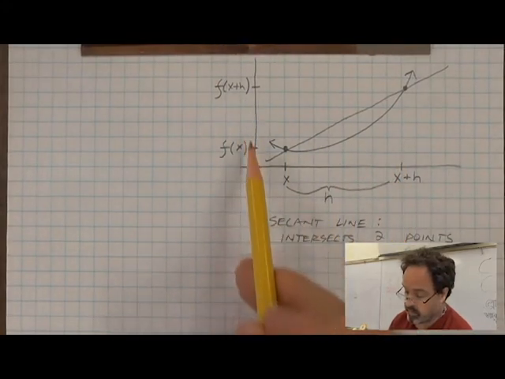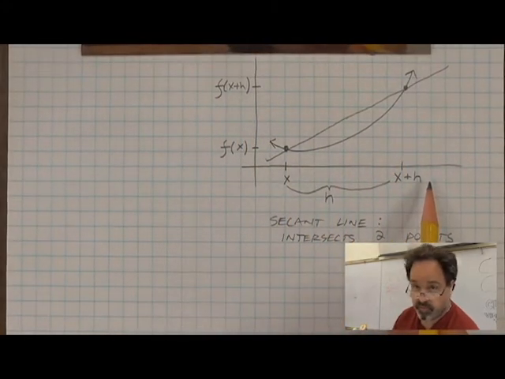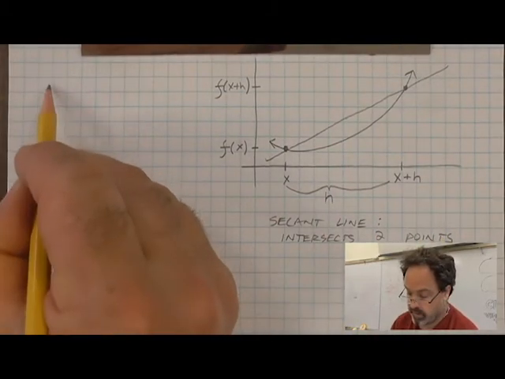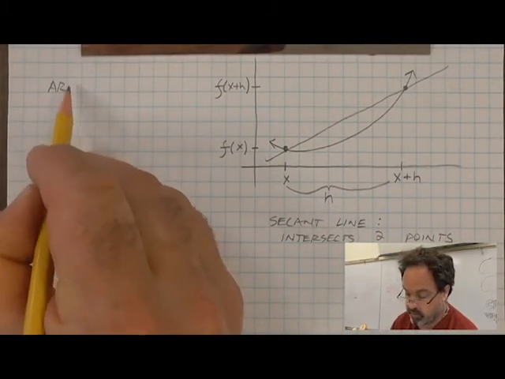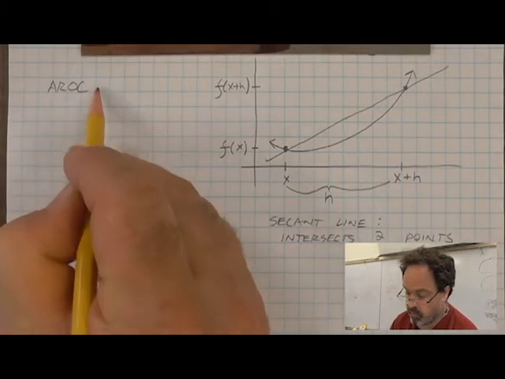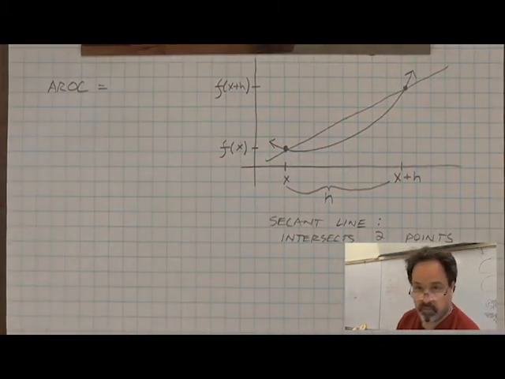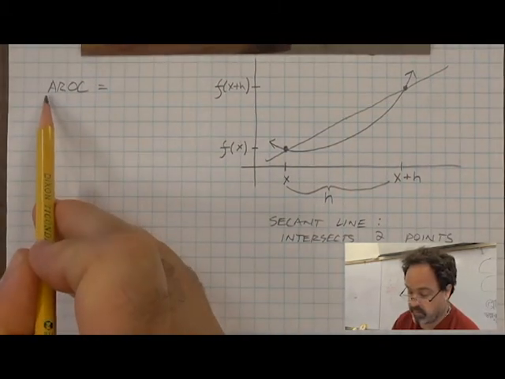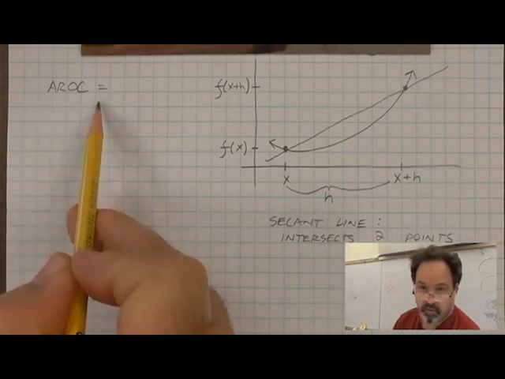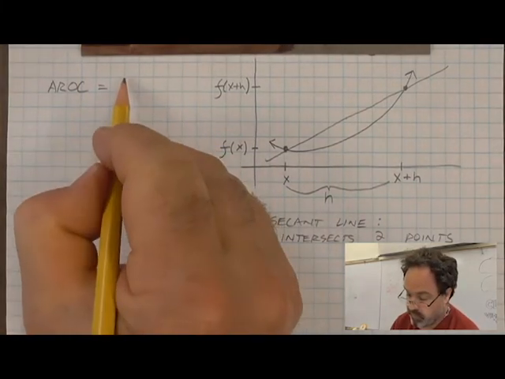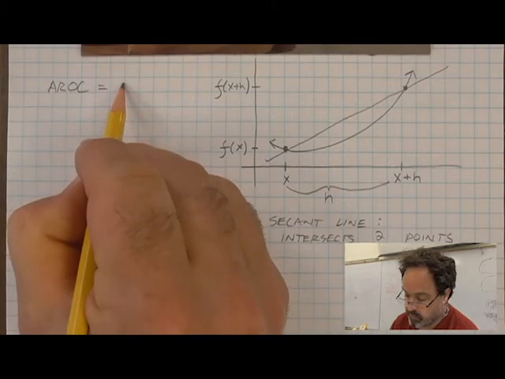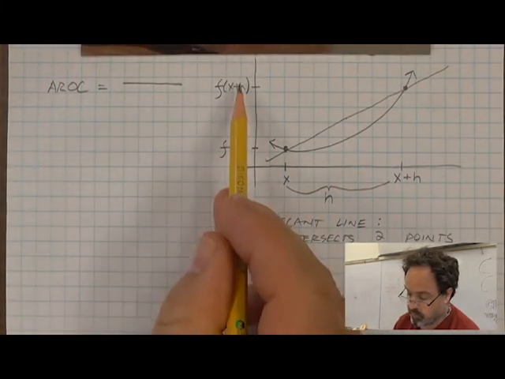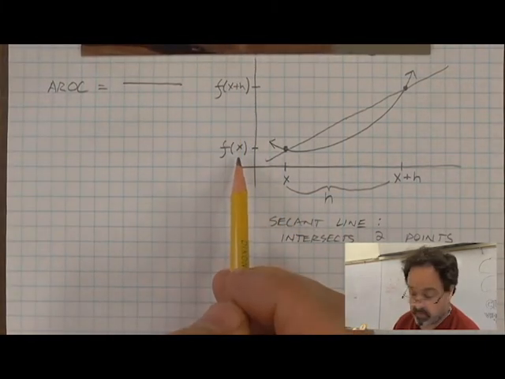And because we have ways of labeling that change symbolically, then we have an expression for the average rate of change. Or we could abbreviate this AROC. The expression for the average rate of change is a rise over a run, but we're going to use the function notation for the rise.